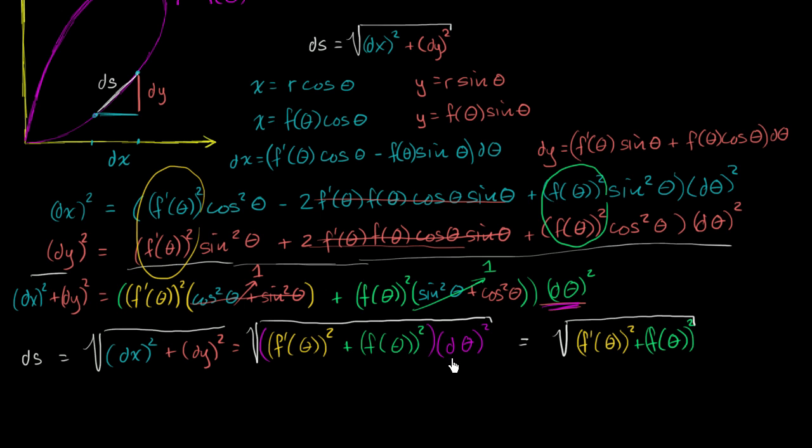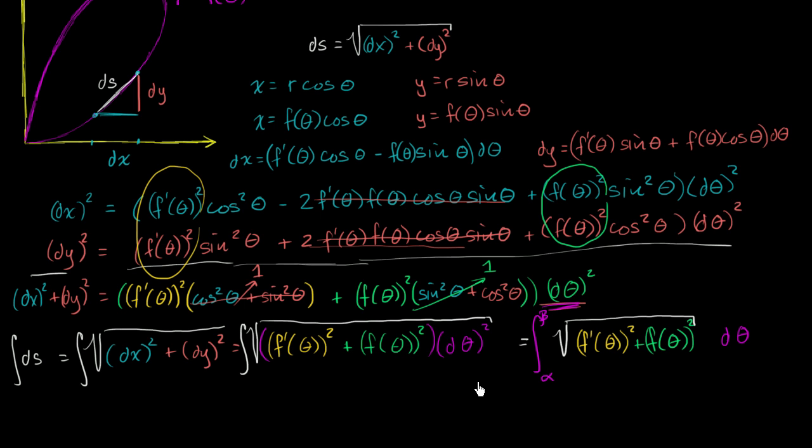And now we took a d theta out of the radical. If you put it in, it's d theta squared. You take it out, it's going to be d theta. So this is interesting. If you wanted to integrate this, you would integrate it from your starting theta, maybe we could call that alpha, to your ending theta, beta.